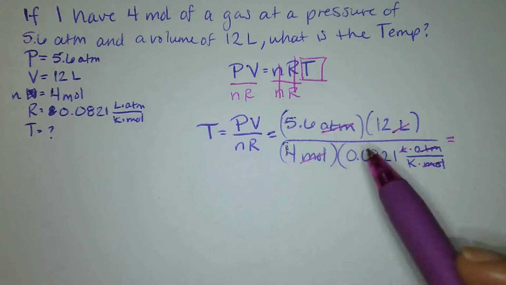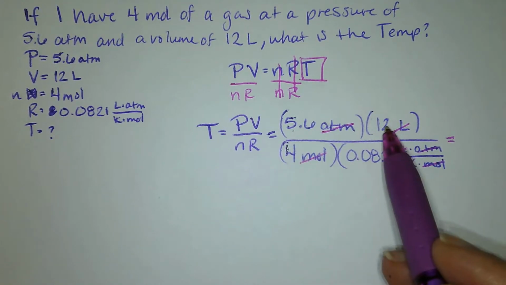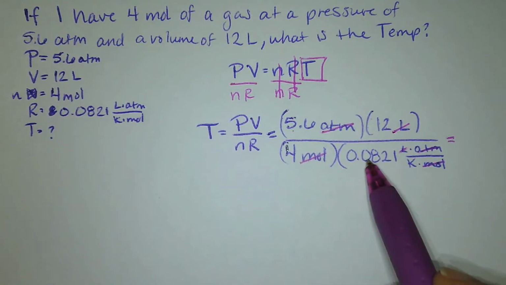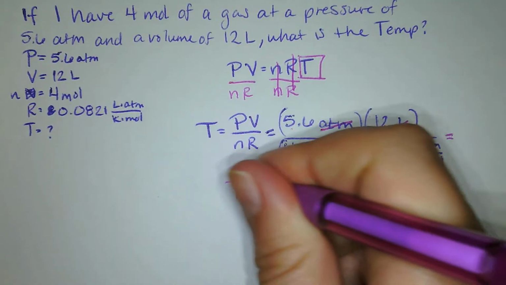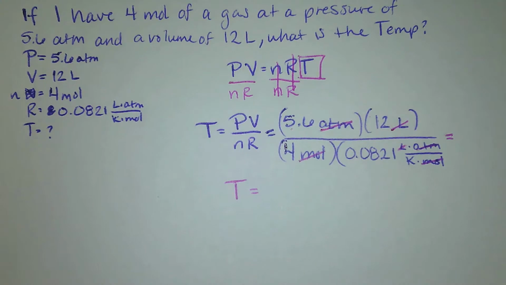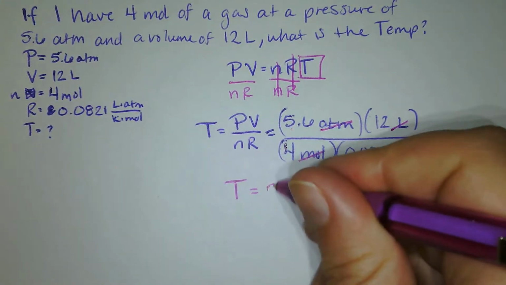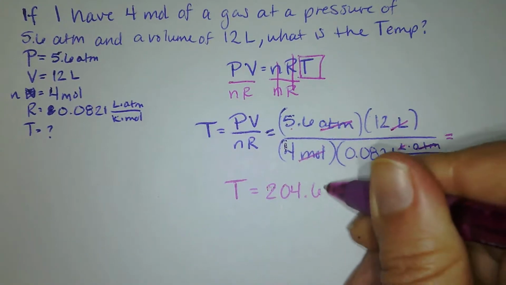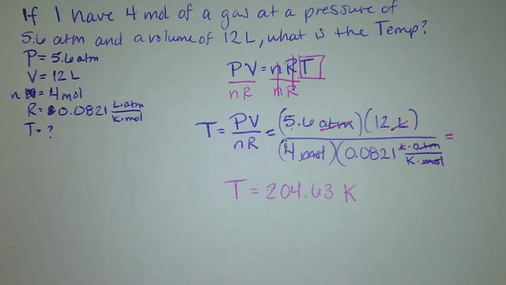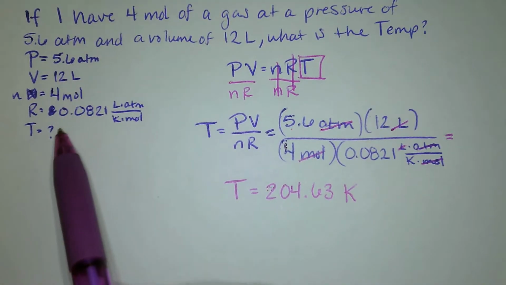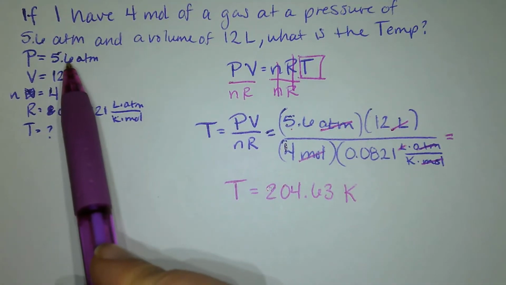Anyhow, now all we would do is type this in, 5.6 times 12 divided by 4, and then divided by 0.0821, and we would get a temperature of 204.63 Kelvin.